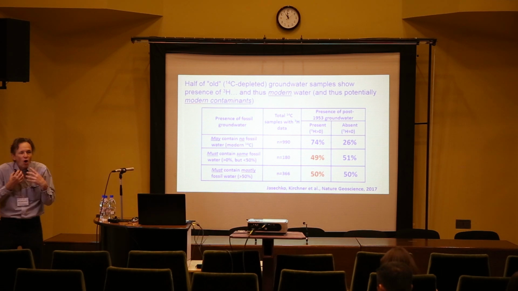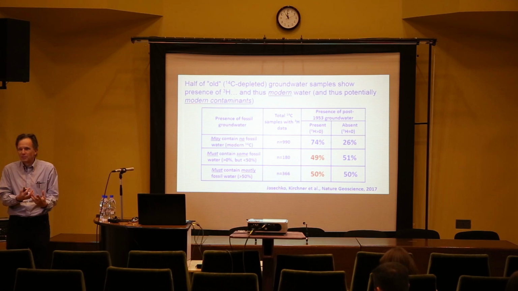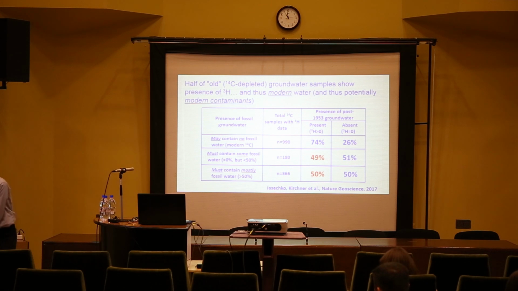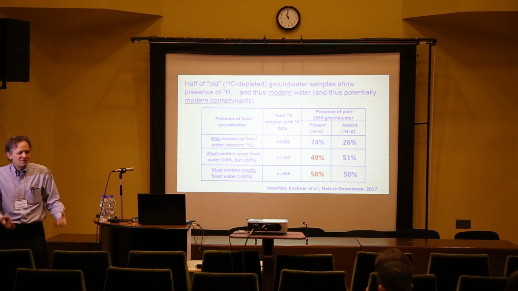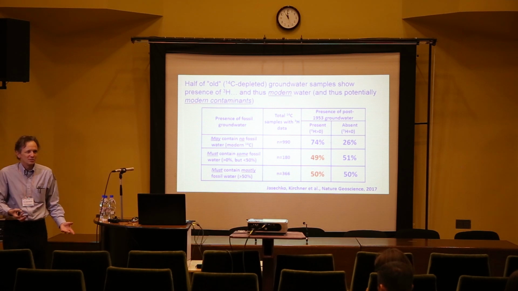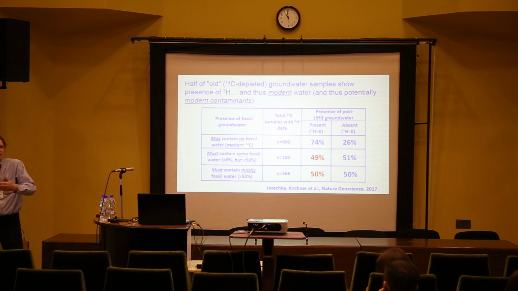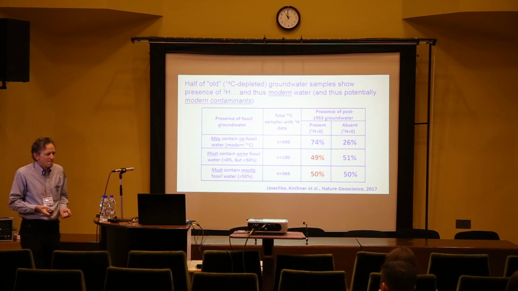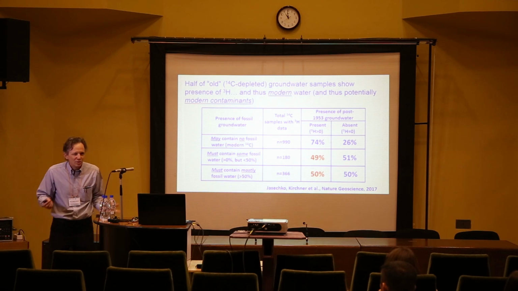Half of those samples also have tritium, which means they cannot be really old, because tritium has a half-life of 12 years. And the half-life of carbon-14 is 5,700 years. So if you're anything like 5,000 years old, that's so many half-lives of tritium, there's nothing measurable left. So how is that possible?